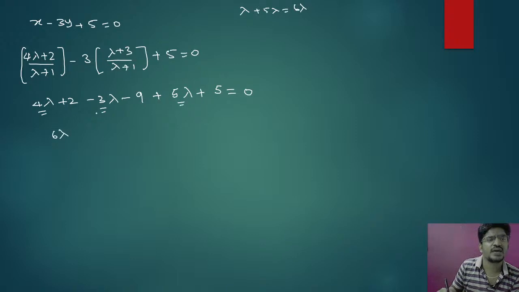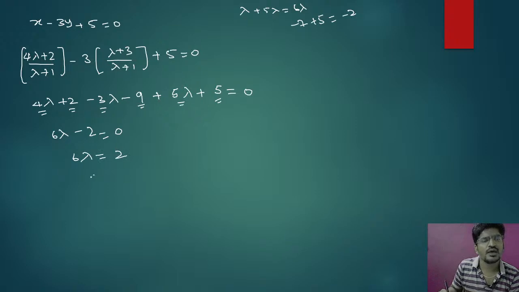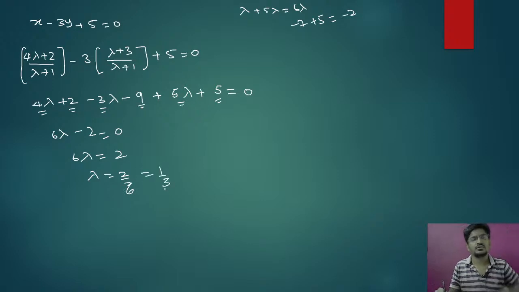Therefore 6 lambda plus 2 minus 9, that will be minus 7, plus 5 will be minus 2, equal to 0. So 6 lambda equal to 2, and lambda will be equal to 2 by 6, that is 1 by 3.